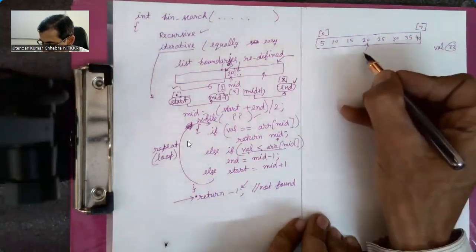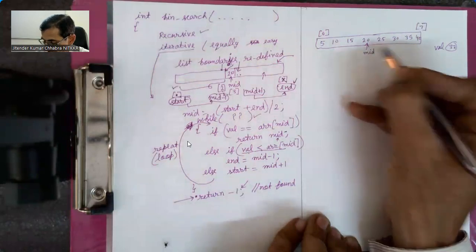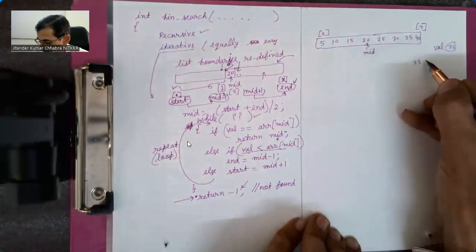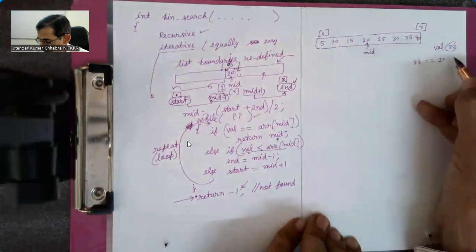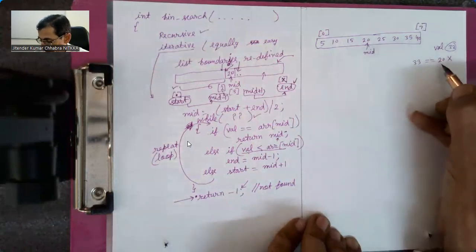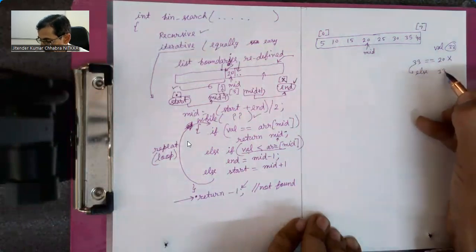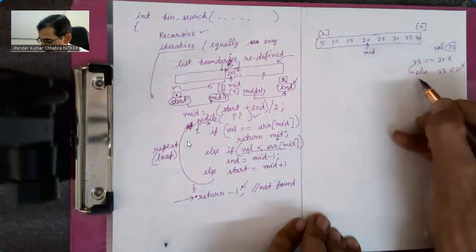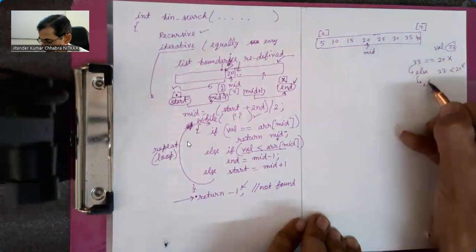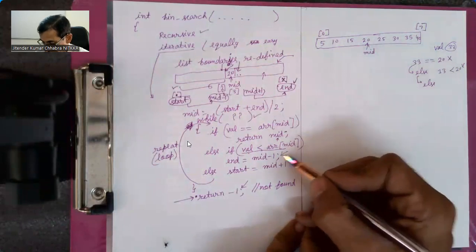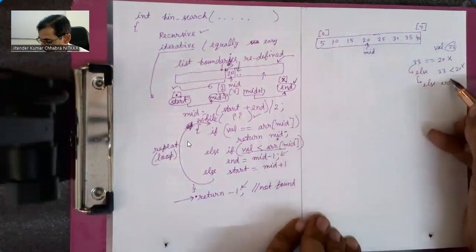Middle becomes this. And you find 33 equal to 20? No. Then you say else, 33 less than 20? No. That means else, 33 is greater than 20.